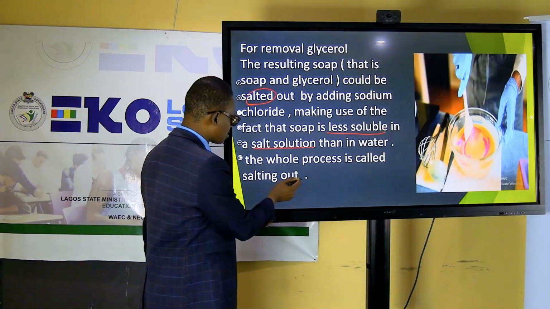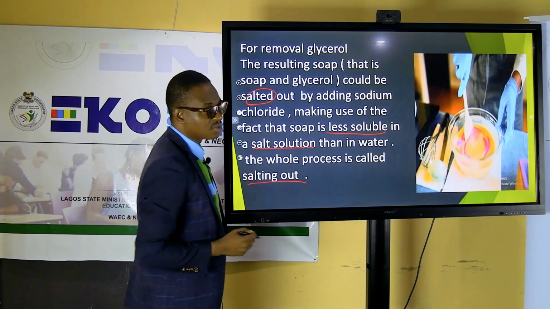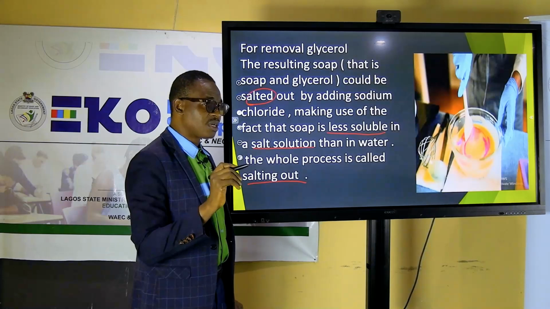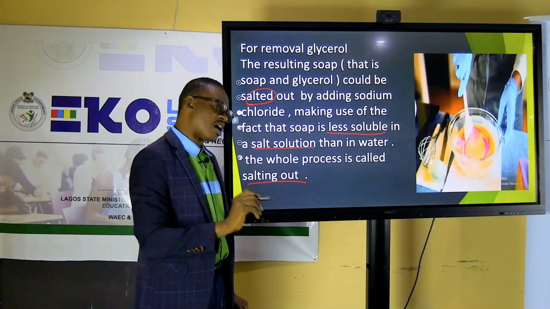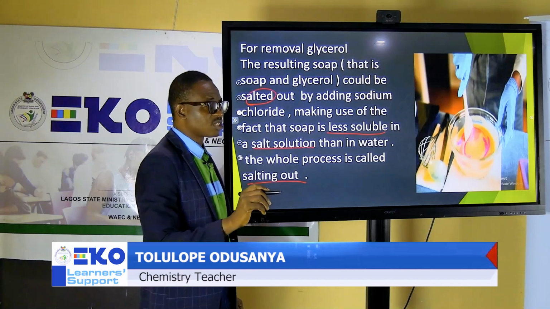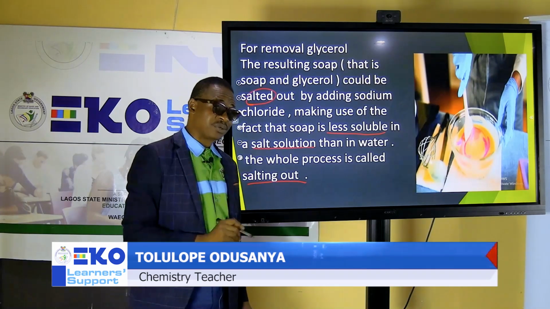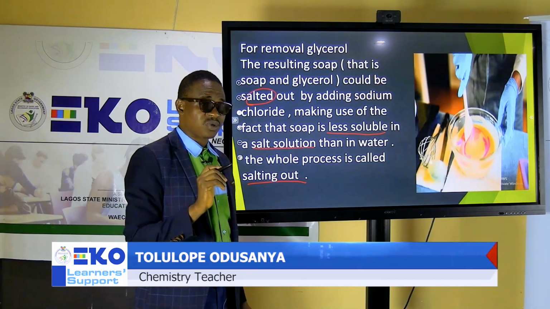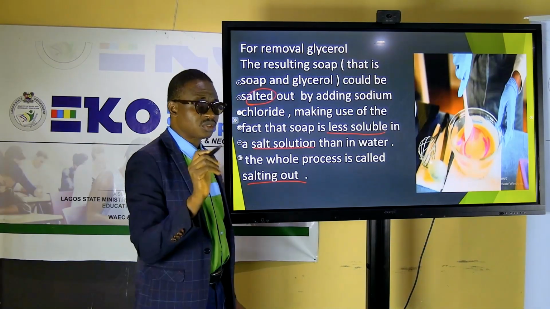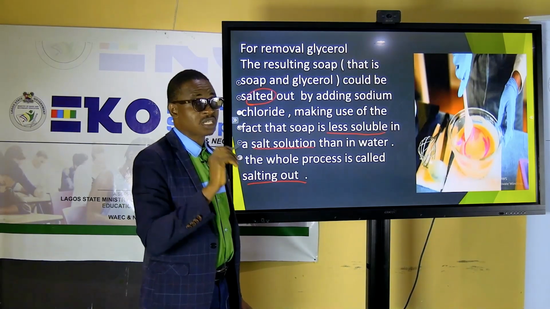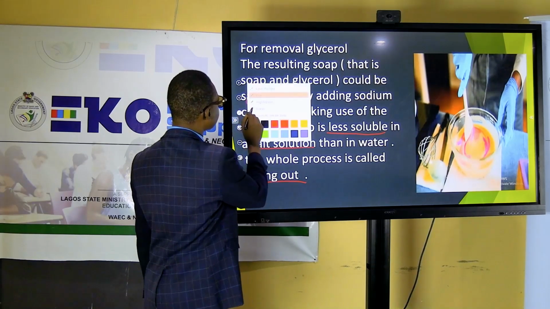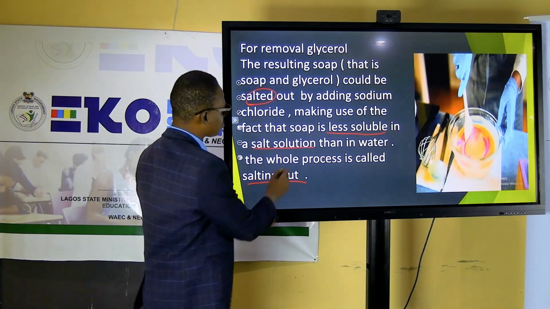And the whole process is called salting out. Don't forget, because this is a question. There could be a question in this form: how will you remove your soap from glycerol, and what is the process called? I hope you remember the process now. The process is called salting out, and just adding salt into the mixture for us to separate our soap from glycerol. Good. Yes, we can move on.